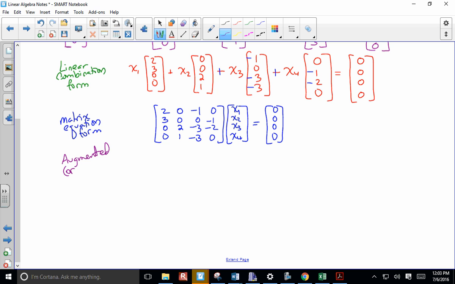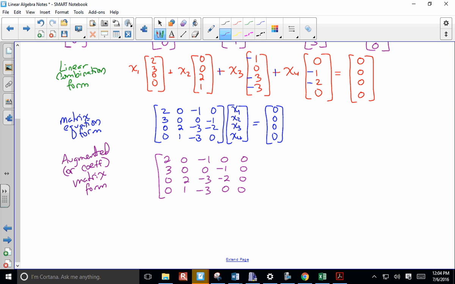You could also go coefficient matrix. If you go augmented, represent it this way.